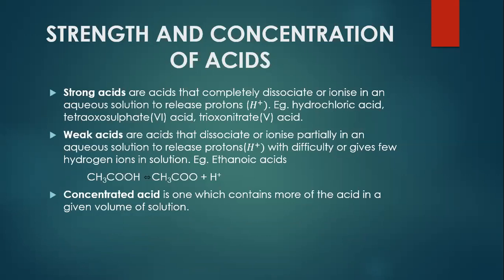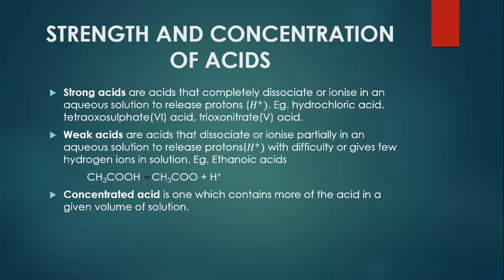Okay, so a concentrated acid. When we say an acid is concentrated, it means that it contains more of an acid in a given volume of a solution. Let me use a common aspect in our life. You are making garri soakings.